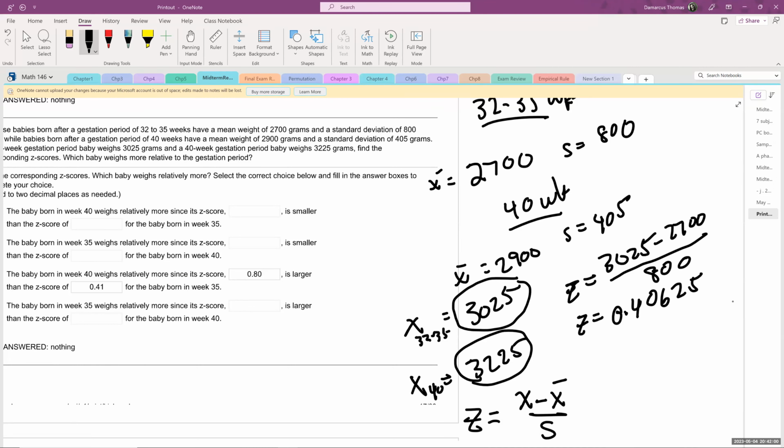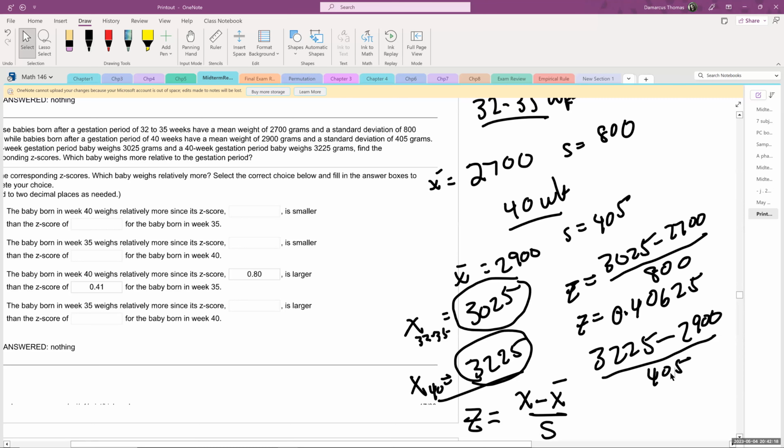And now we're going to calculate the z-score for this data. That's 3225 minus 2900, all over the standard deviation, which is 405. That standard deviation is a lot smaller.